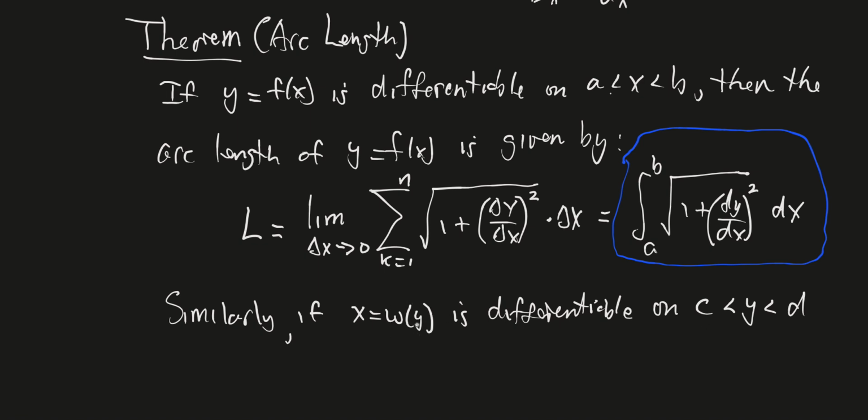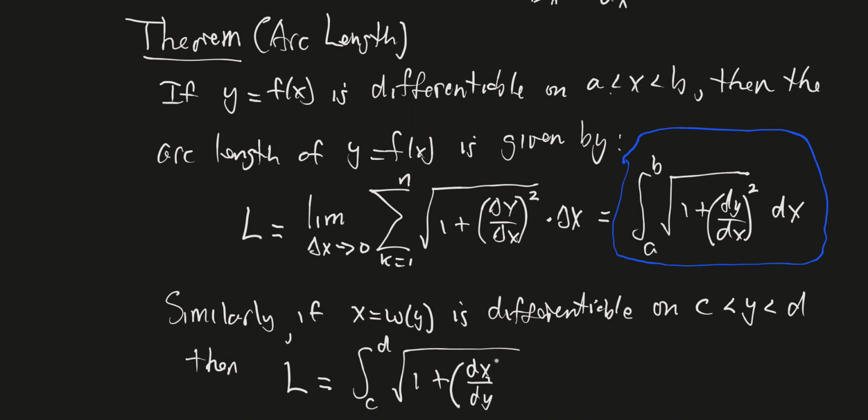So if that function is differentiable, then the length of this curve will be the definite integral from c to d, still a square root, still the 1 plus, and now it would be dx dy, right? Because we would be differentiating this variable with respect to this variable, so dx/dy squared, and the integral would be with respect to y, right?